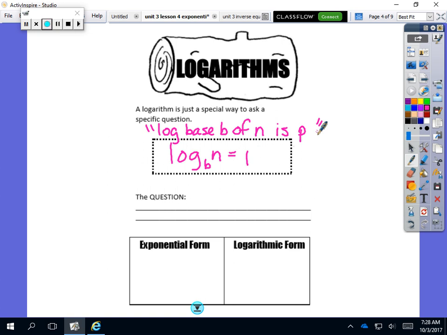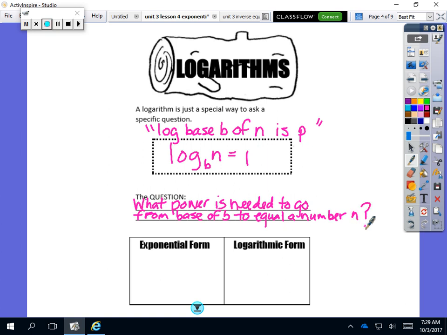But the question we want to answer, because it's just a special way to ask a specific question, is: what power is needed to go from base b to equal a number n? That's the question we want to answer.